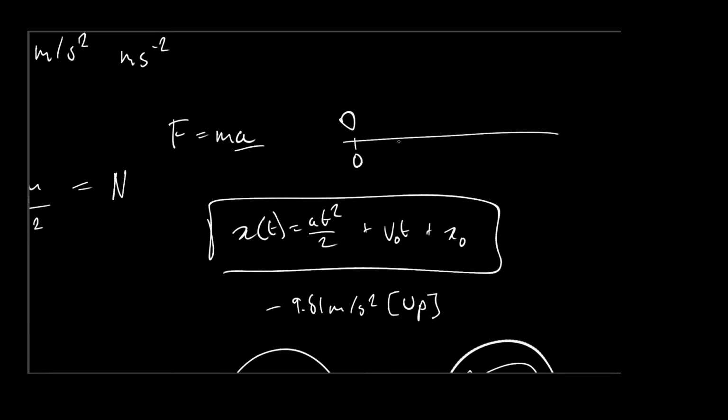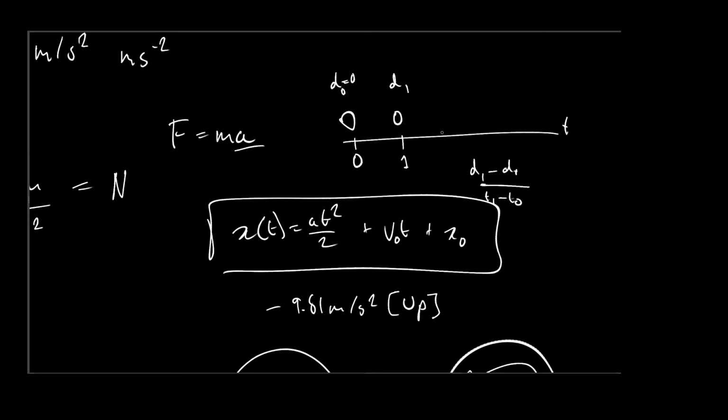Then after, say, 1 second, it's here, and the distance is going to be equal to some number. We'll say it's d1, and this is d0. So d1 subtract d0 over t1 subtract t0 is going to give us some velocity, right?